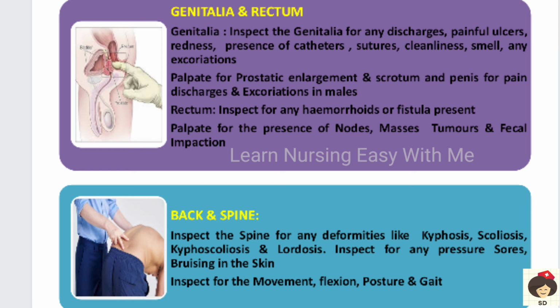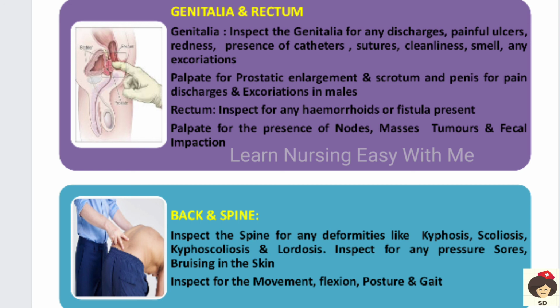And in the back and spine, you have to check for deformities, like kyphosis, kyphoscoliosis, lordosis. These are all deformities where the thoracic and lumbar curvature of the spine is deviated, so you have to identify that. And also at the pressure points like the shoulders and the hips, and on the vertebra, you have to see if there is any ulceration, and also bruising of the skin.